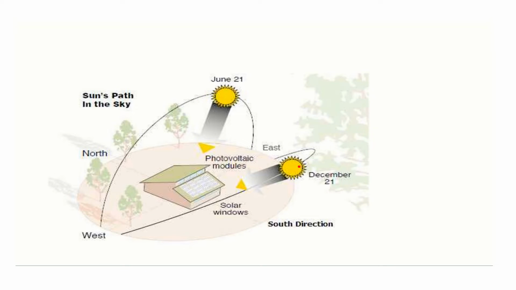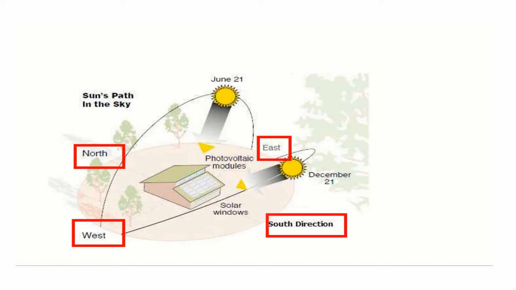So normally the sun moves from east to west. This is our direction called east, whereas this is west. If my eyes are facing the sun, that means the east direction, then my backside is always west, my left hand side is north, which is this one, and my right hand side is the south direction.